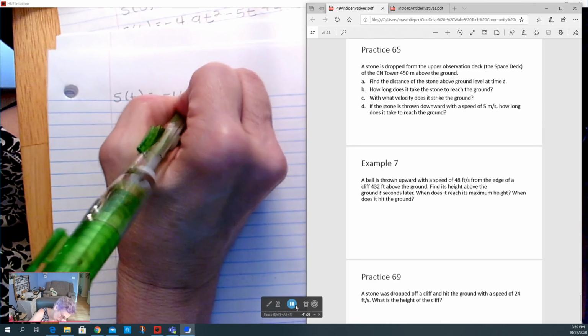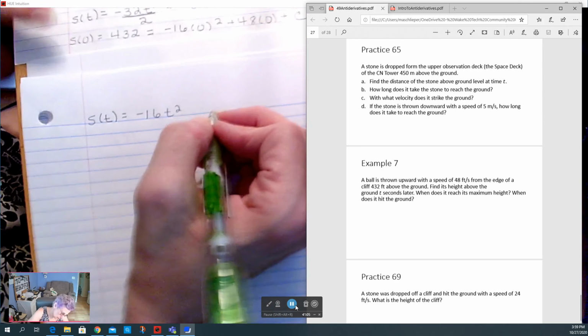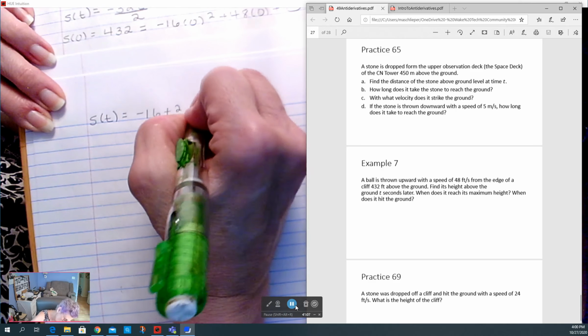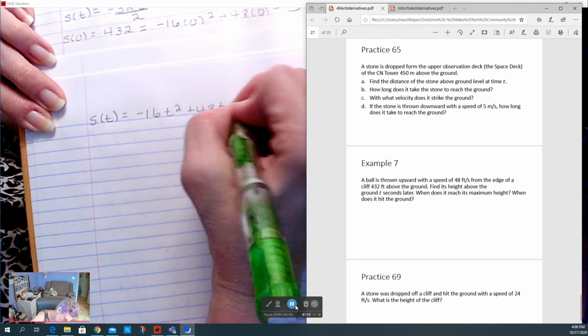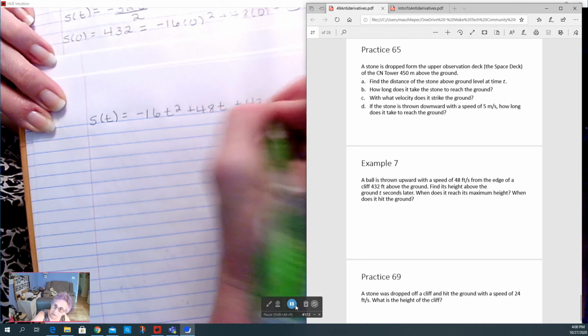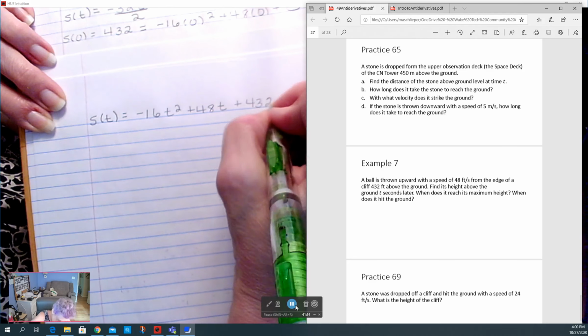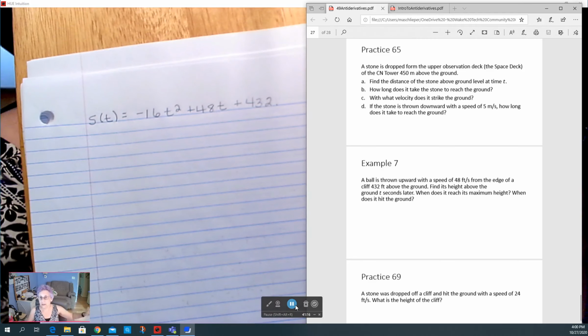Negative 16t squared plus 48t plus 432. And then we're asked some questions.